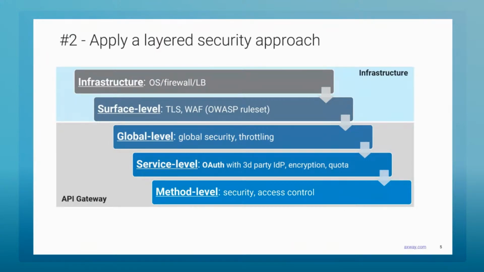Similar to one of the fables of Aesop, the father, his sons, and the bundle of sticks, where a father asked his sons first to break a bundle of sticks and then one by one, to show them the strength of unity. Applying a layered security approach is very, very important. In fact, API security greatly depends on the unity of all security layers involved in transaction processing.